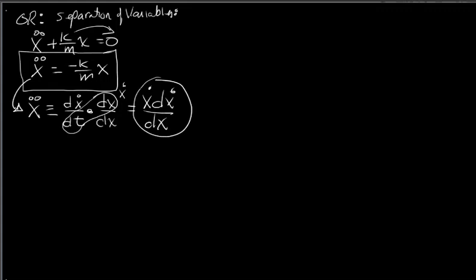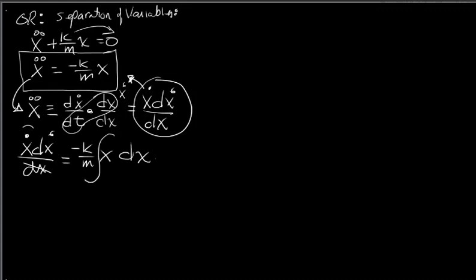So if we take that and substitute it into here, we get x dot d x dot over dx is negative k on m x. We'll bring the dx up to this side, and these are both integrable now. This simply becomes x dot squared on 2 equals negative k on m, x squared on 2, plus some constant of integration.